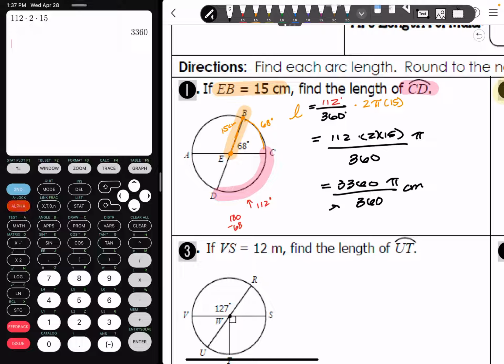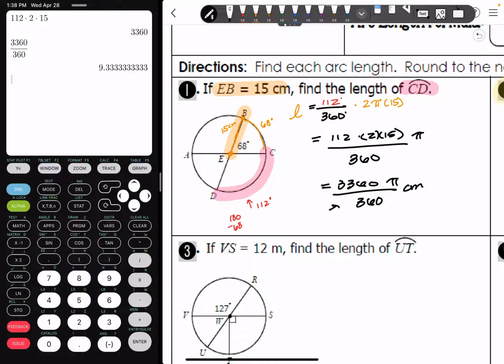So what I'm going to do is I'm going to type it in as a fraction, and that's going to be alpha y equals, enter, 3360 over 360. Now, when you type it in onto your TI-84 calculator, it will pop back an actual fraction for you. I'm using kind of an off-market TI-84 for my iPad, so shh.